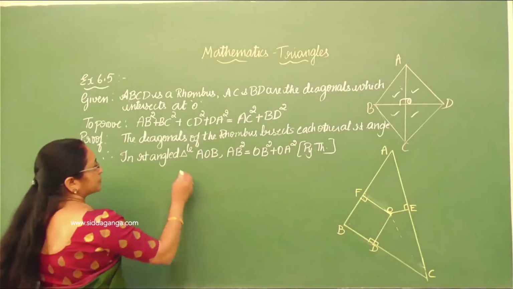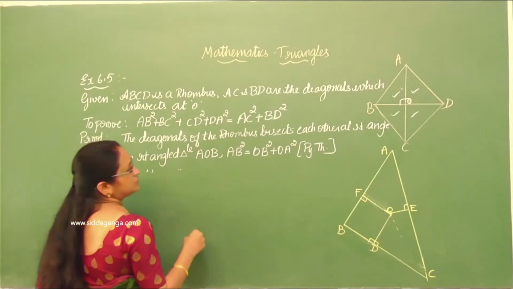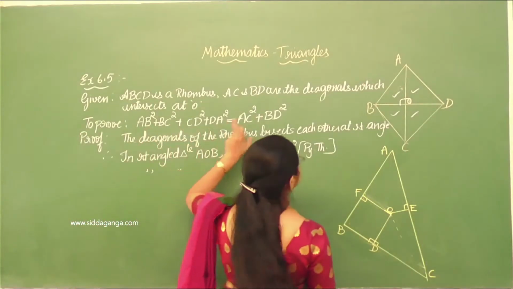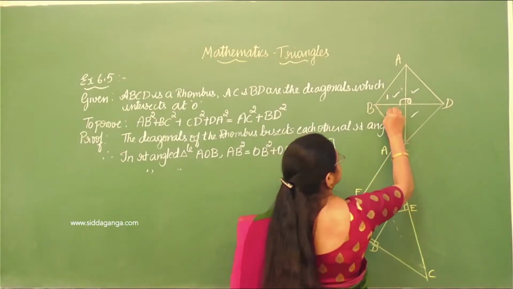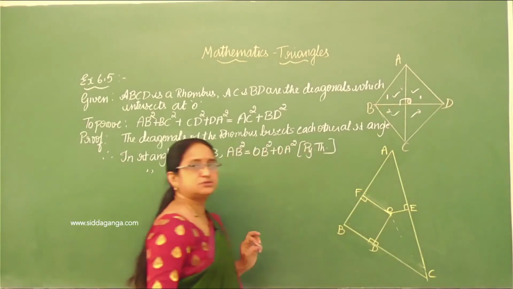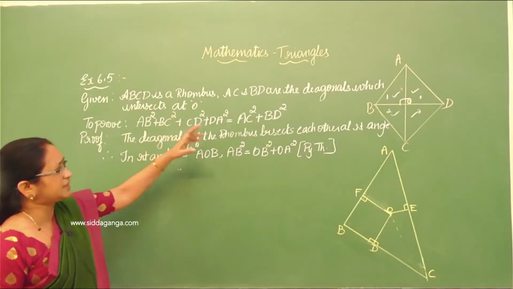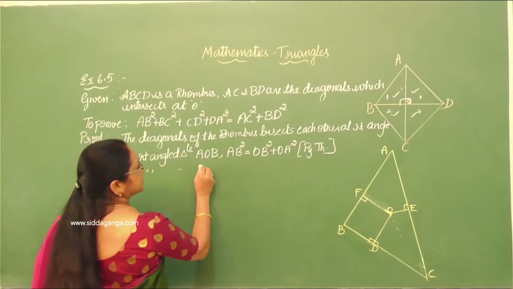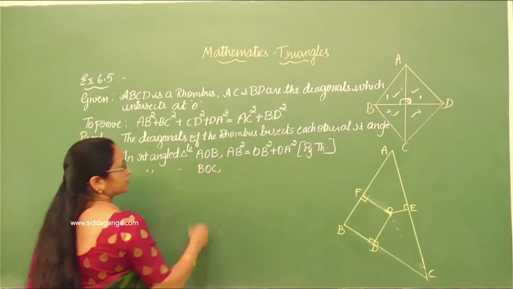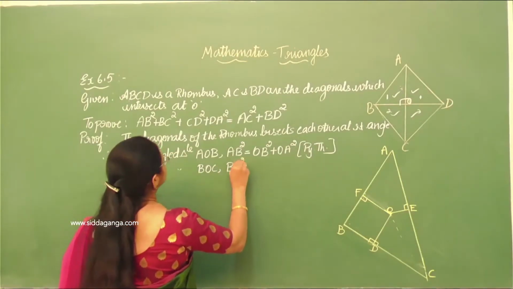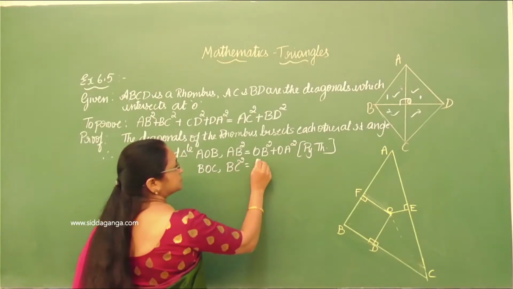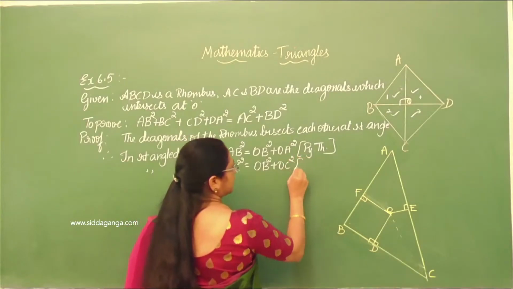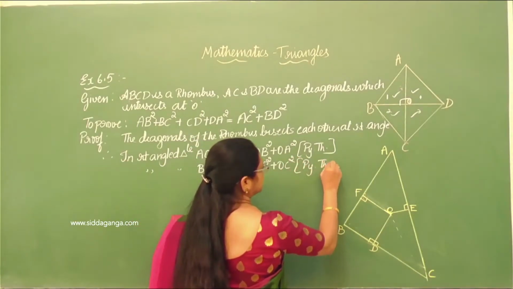Next, in right angle triangle BOC, you see the order, same way you can take first, second, third, fourth. Because in the question we have written like this, we'll take this as second. If you take it otherwise, no problem, you just have to rearrange it. So in right angle triangle BOC, BC square is equal to OB square plus OC square, again by applying Pythagoras theorem.